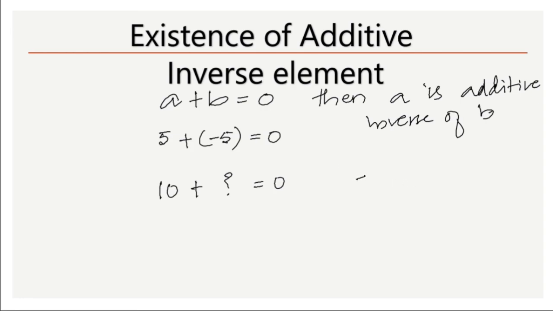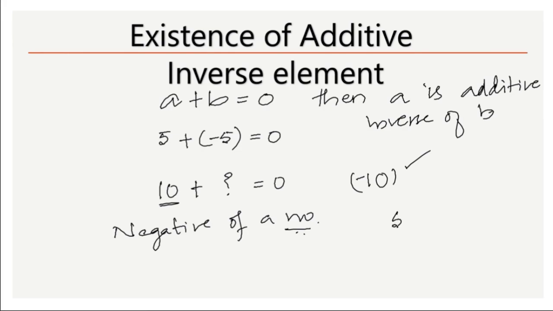It's possible with negative 10. So negative 10 is additive inverse of 10. It is also called as negative of a number. Negative of 5 is negative 5. Negative of negative 5 is positive 5.